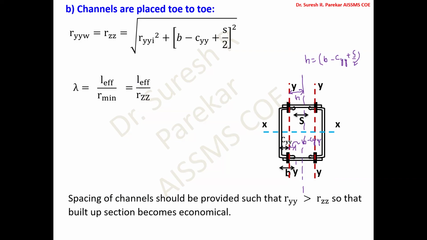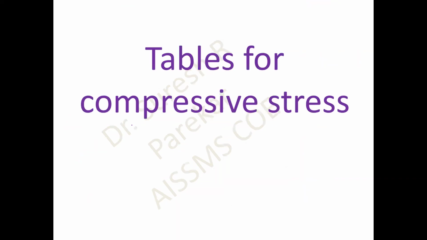Again, S you have to provide greater than S required. As S provided is greater than S required, RYY whole is greater than RZZ, and therefore we can take directly L effective upon RZZ.